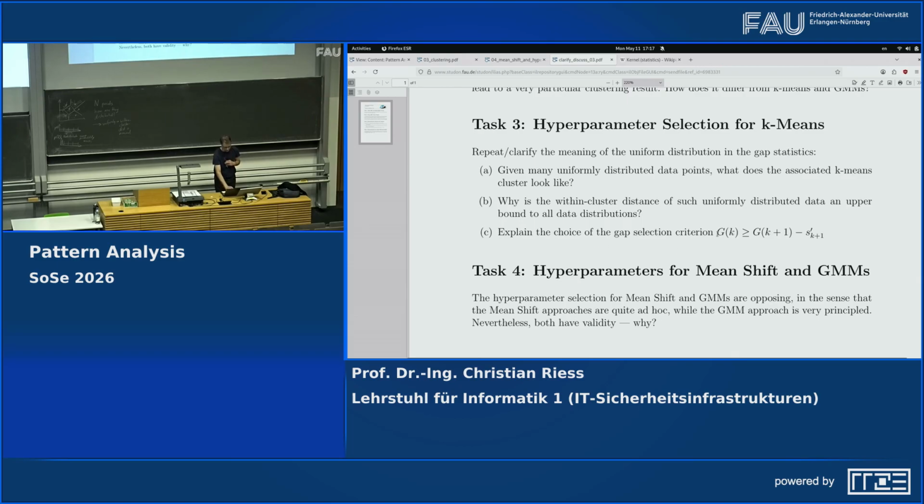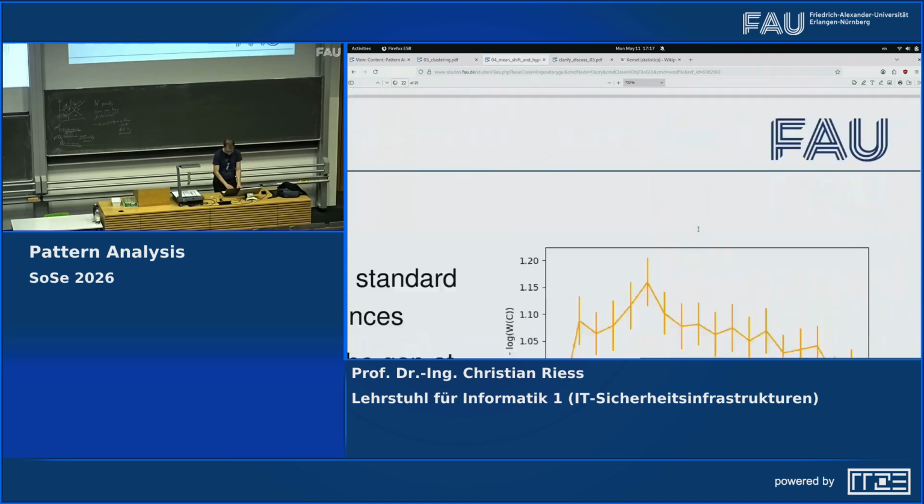Yeah, so this is what is then used for the gap criterion. Sorry, let me briefly go back to the slides.